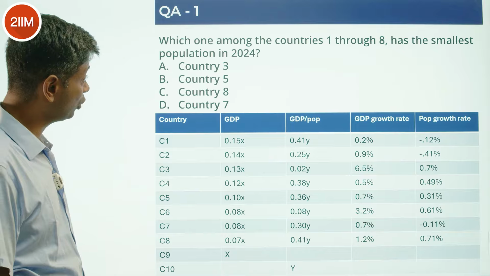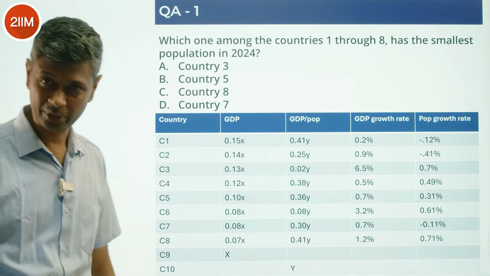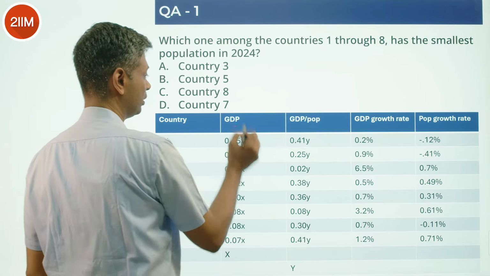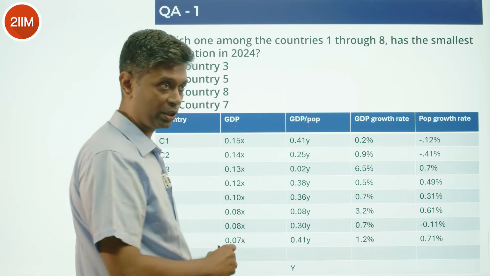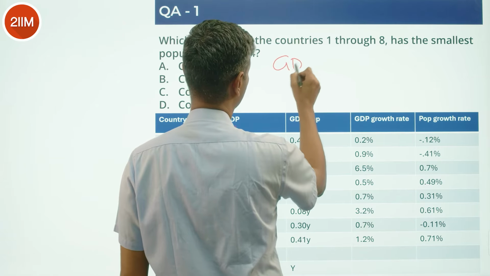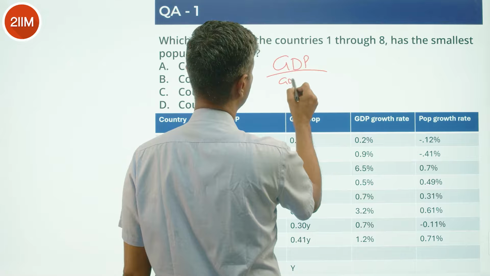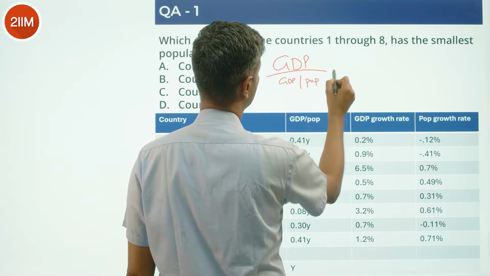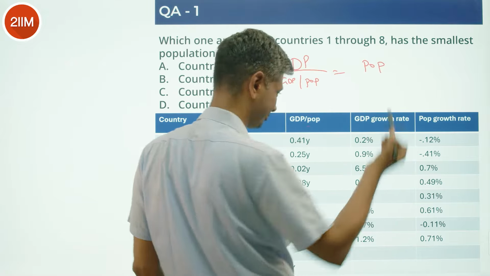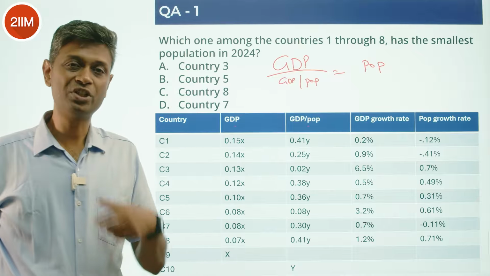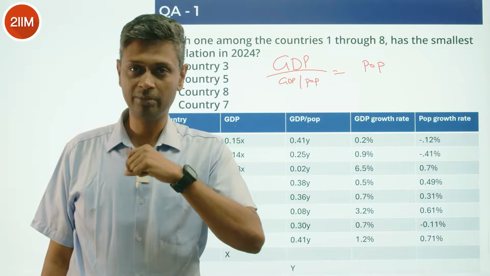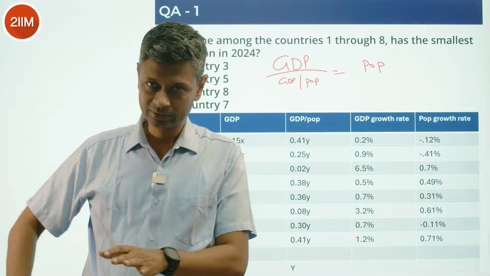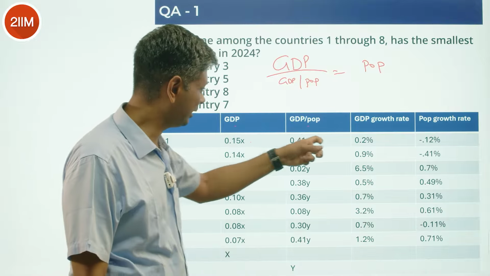Which one among the countries 1 through 8 has the smallest population in 2024? This is GDP. This is GDP per population. GDP divided by GDP per population is equal to population. Nice. I'll get population by dividing this by this.